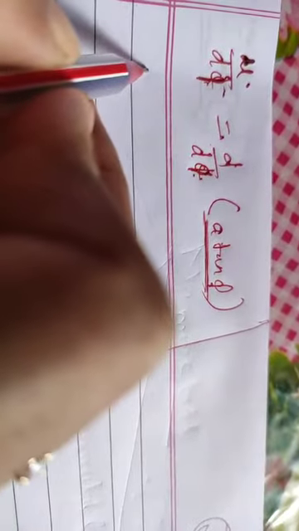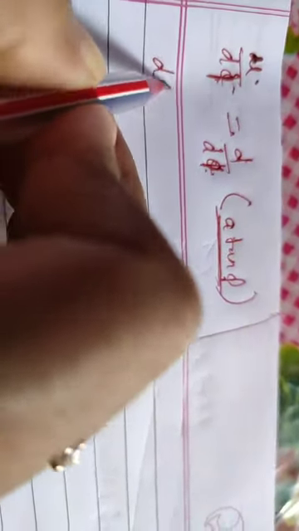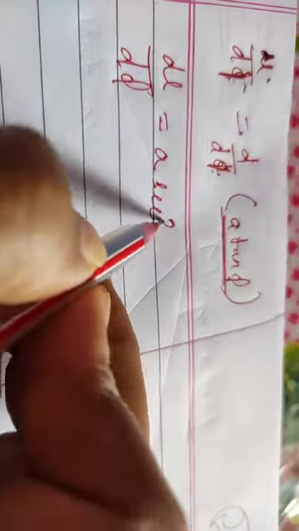Tan phi differentiated is sec square phi, right? So dL is A sec square phi d phi. No problem. This is the value you will get very clearly.